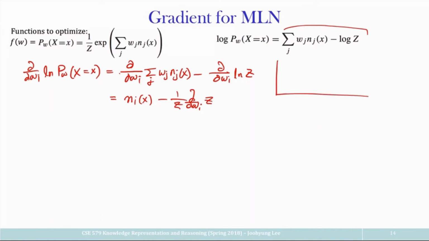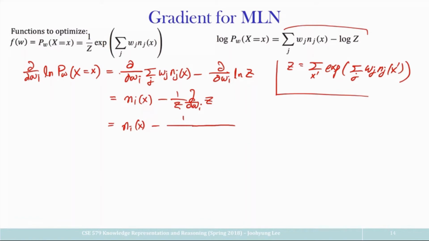Z is the normalization factor, and that is for the whole interpretation, what is their weight. So we add up all those things. So this is Z. So I'm going to unfold this definition. So this will be ni(x) minus 1 over Z, let me use x double prime to range over all the interpretations.